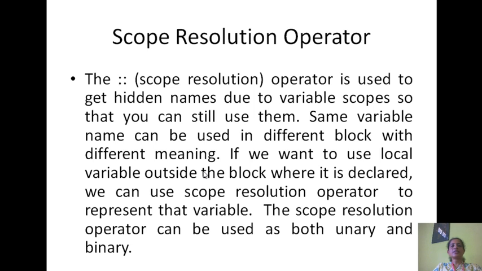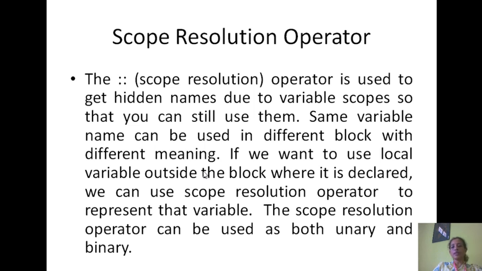So these things are related to the data types, and one of the special operators used in C++ is called the scope resolution operator, and 2 colon symbols are used to represent the scope resolution operator. It defines the scope of that particular variable or that particular function.